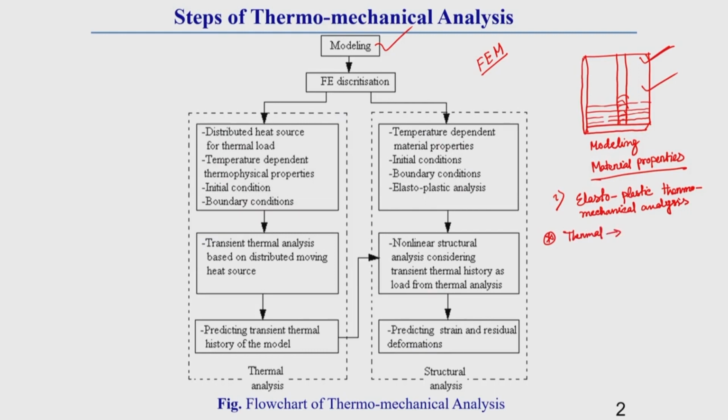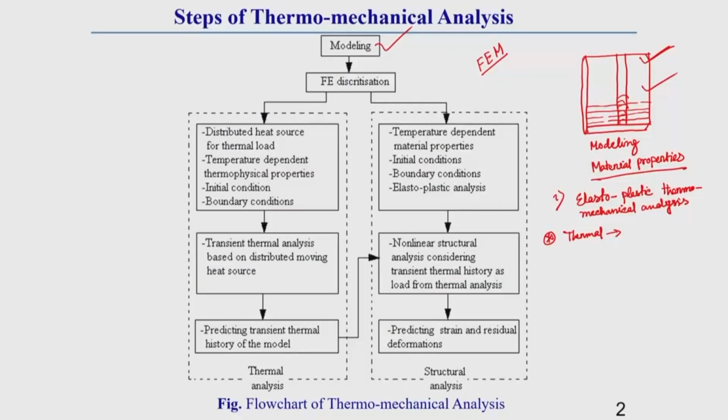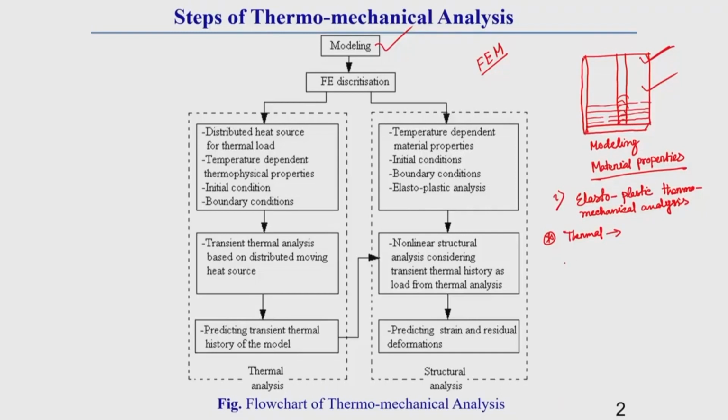In thermal analysis, we should know what governing equation we are going to use. In most thermal analyses, the main governing equation is the Fourier heat conduction equation, which is very well known to you, and as welding is a transient phenomenon, here we should use the transient Fourier heat conduction equation.